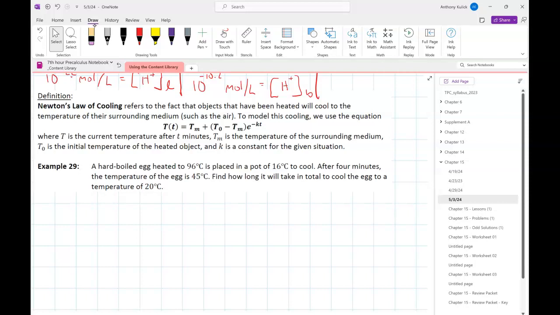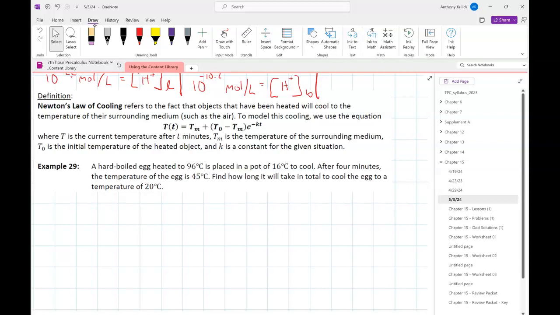The T naught is the initial temperature, so that's how hot the thing was heated up to. In the case of the cake coming out of the oven, it would have been the temperature of the oven, like 350 degrees. Or if you're the medieval blacksmith, it would have been the temperature of the furnace, like 3,000 degrees or something, which it probably takes to melt steel. And then we have times e to the negative kt.